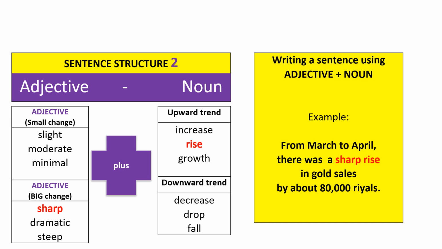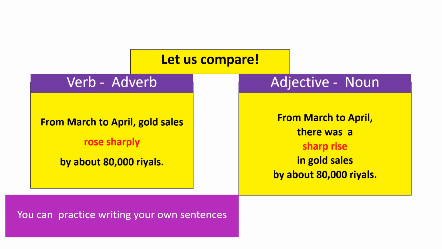So you do not use only one same sentence structure in your essay throughout. You keep changing and you use different sentence structures to make your graph look clear. Now, look closely at the two sentences and compare.